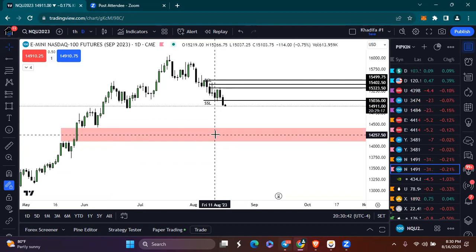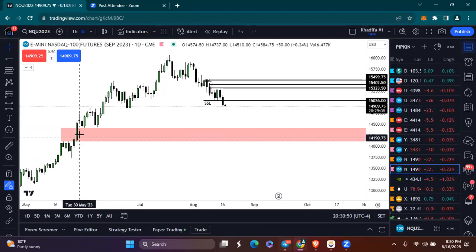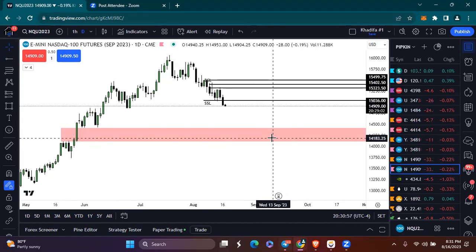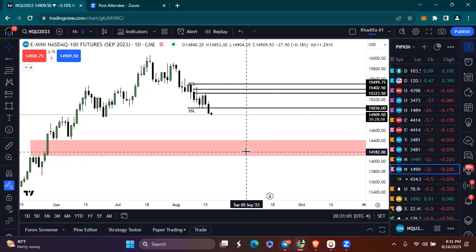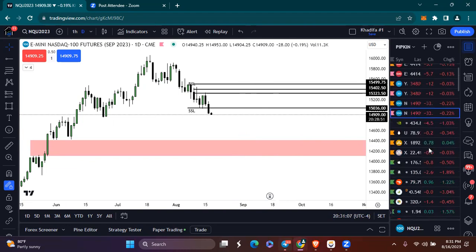We could see E-mini NASDAQ fall down into this imbalance right here from May the 26th. That would be interesting to see. I feel like we're going to get some breaking news tomorrow and see futures sell off real heavy. It's just my opinion.